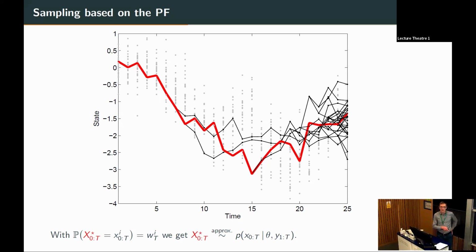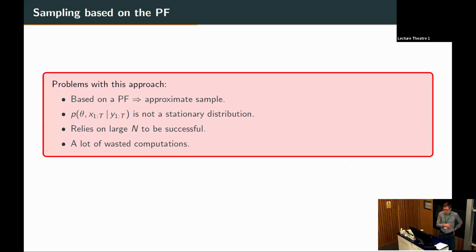I'll pick out this red sample trajectory and say that this is now an approximate draw from this smoothing distribution. And if I do that, I get an algorithm that I could implement. It would alternate between this procedure, sampling the X in this way, and then I update the theta value, and then I go back again and get a new sample of X, and so on and so forth.